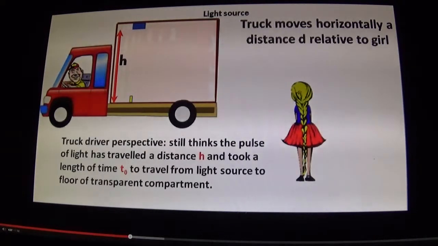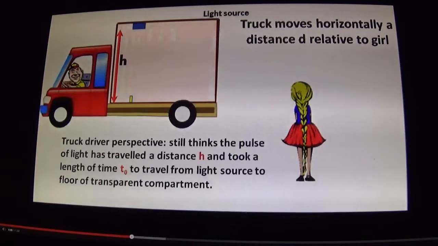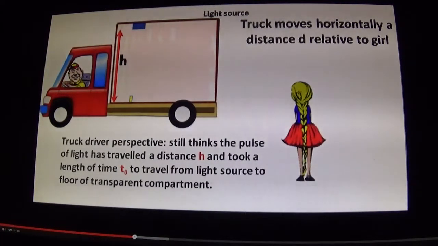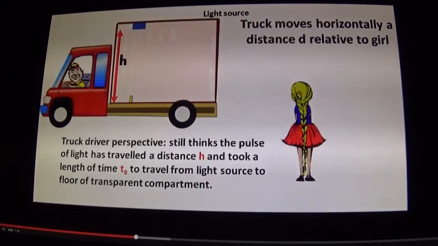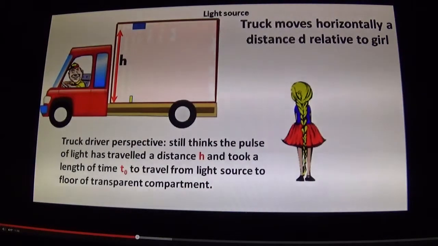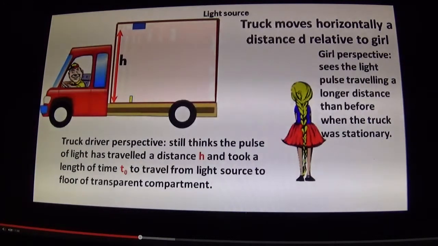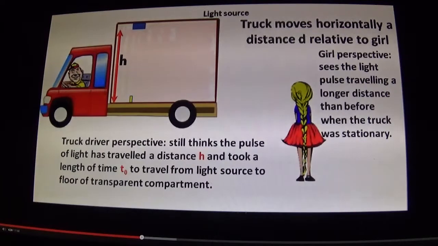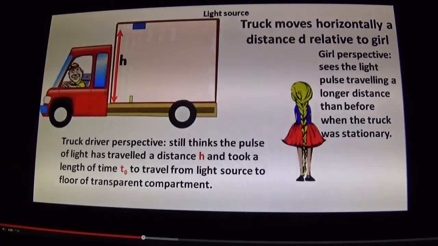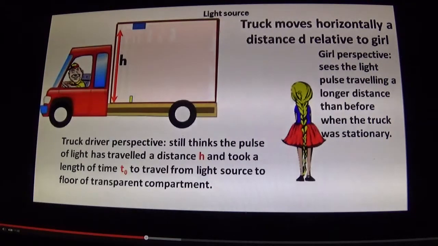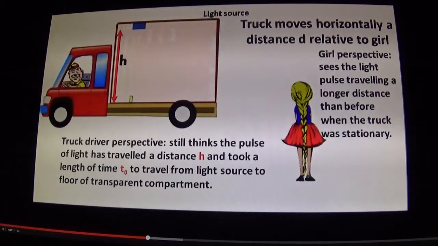Now from the truck driver's perspective, he still thinks the pulse of light has travelled a distance h and took a length of time t0 to travel from light source to the floor of the compartment. But the girl's perspective is somewhat different. She sees the light pulse travelling a longer distance than before when the truck was stationary.